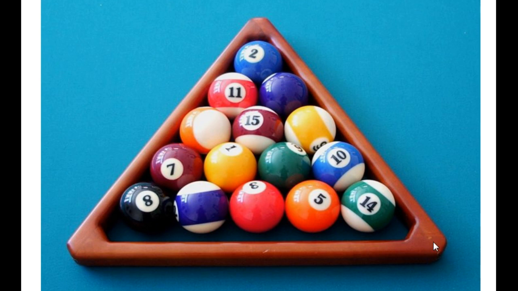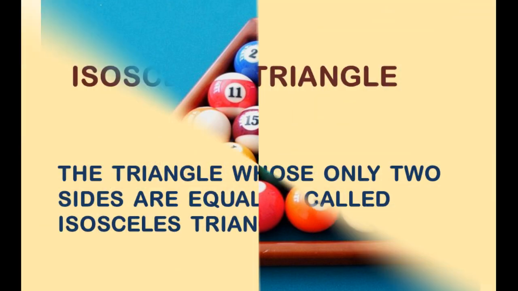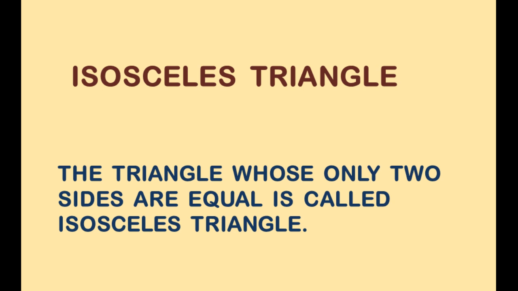Okay, so now moving ahead with the second type, that is isosceles triangle. So what is isosceles triangle? The triangle whose only two sides are equal. So out of the three, two sides of the triangle are equal in length.